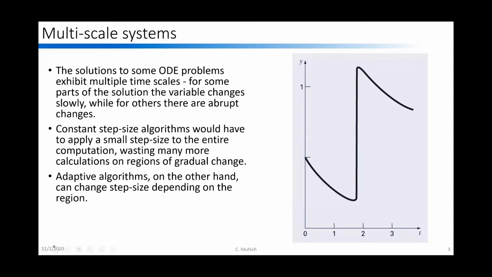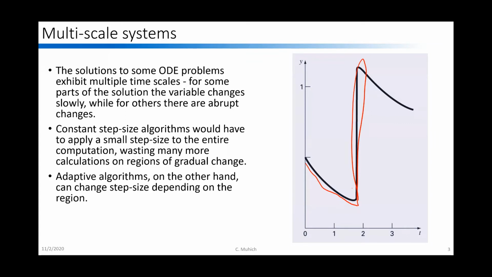A lot of times we see ODE problems where we start off with a nicely behaving ODE, and then we have this sort of spike. All of a sudden, we see very rapid change over a very short length scale. This is indicating that something is changing very, very fast.